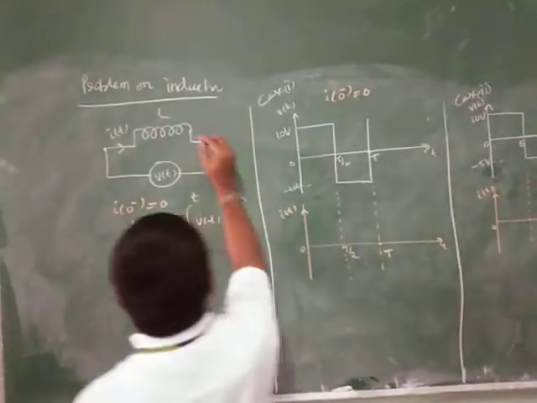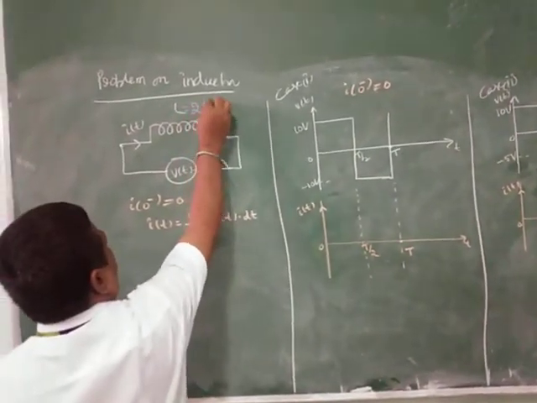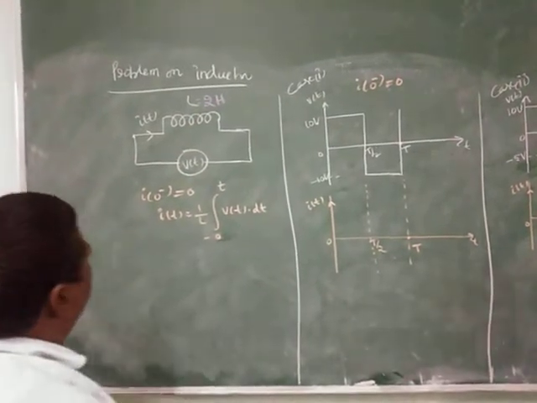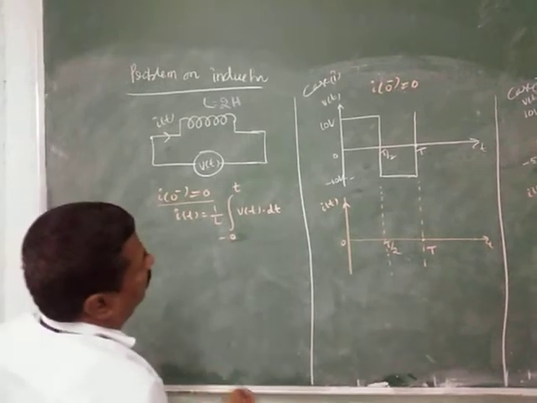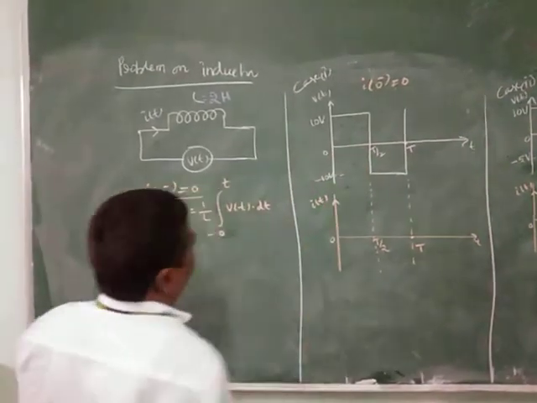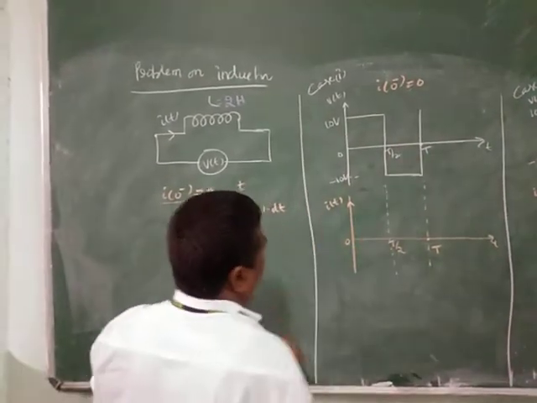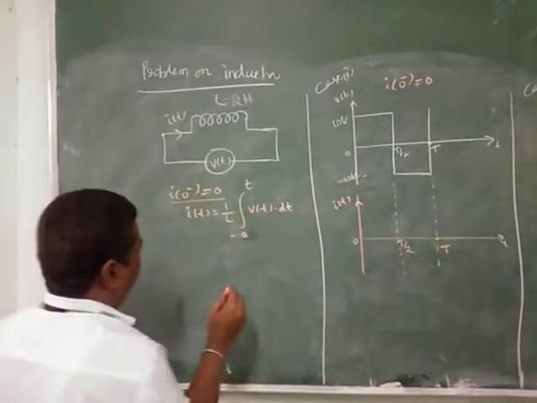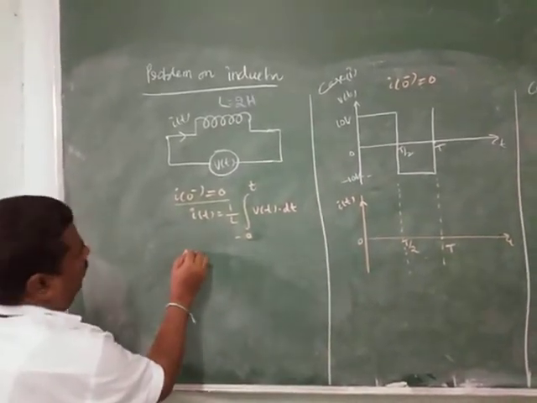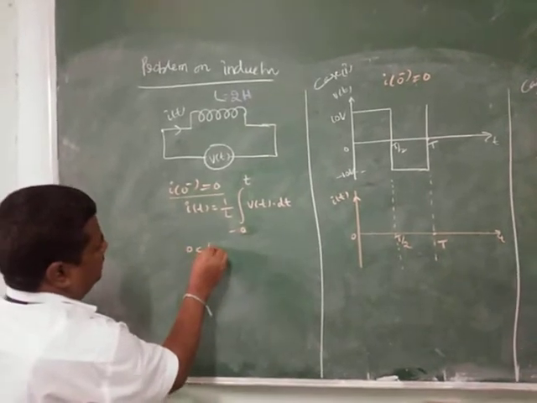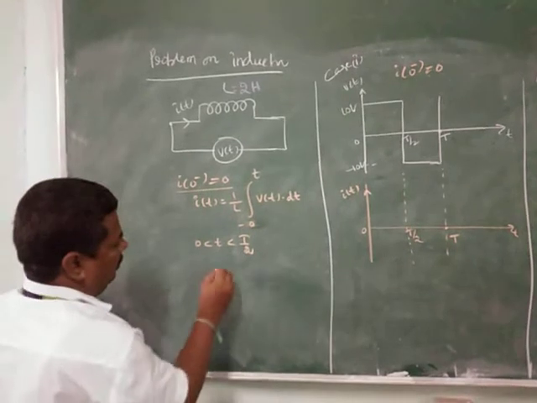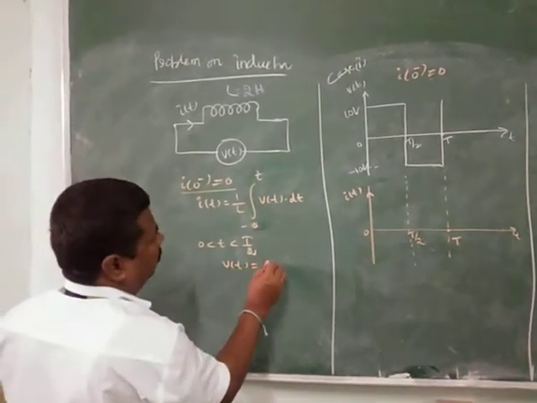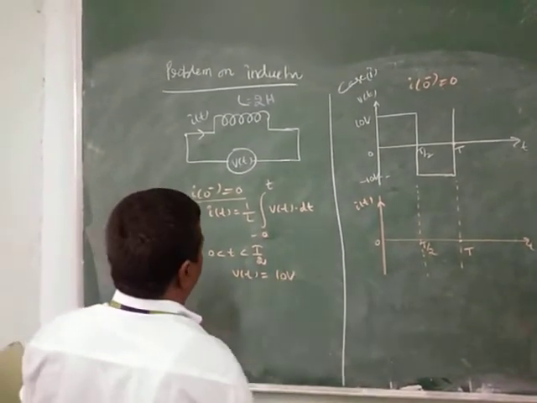Now let us assume some value, suppose L is equal to 2 Henry. I of 0 minus is equal to 0. Now consider case 1, the square wave 10 volt, minus 10 volt. During 0 less than t less than capital T by 2, V of t is equal to constant, that is equal to 10 volt.